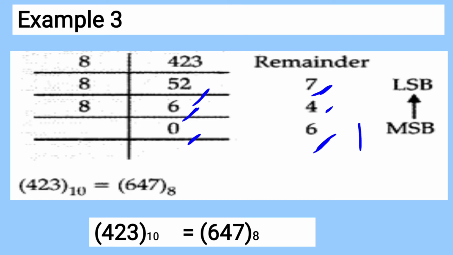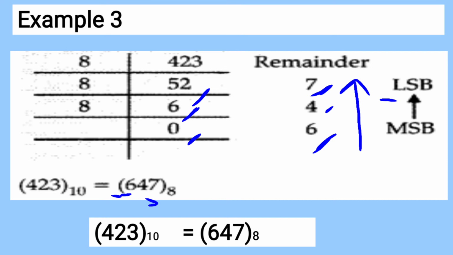Finally, jot down the answer from bottom to top. There is a term called LSB, whose full form is least significant bit. The least significant bit is the digit coming at the extreme right. The digit which appears at your extreme left is called the MSB, the most significant bit.